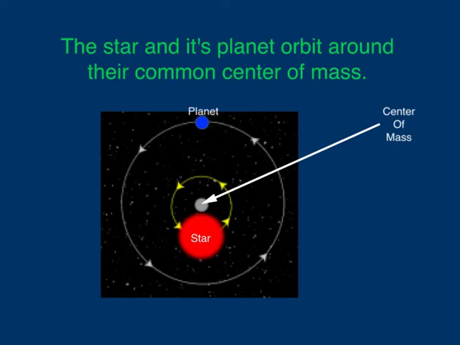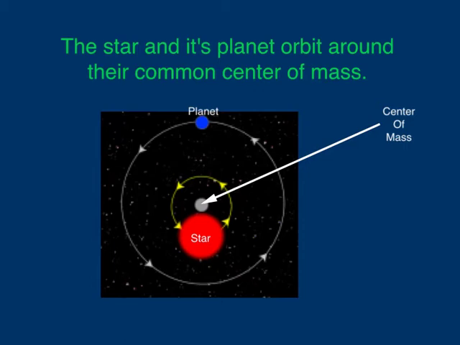Let's talk a little bit more about the radial velocity method. When we think about a star and its planet, we're going to remember that they are orbiting around the common center of mass. So here's a very large star and a very small planet, and so the center of mass is right here.